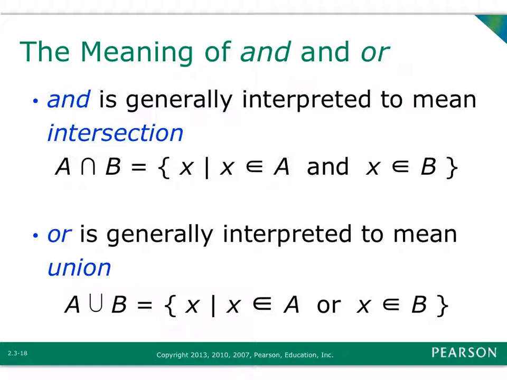So typically we have the words "and" and "or." "And" is generally interpreted to mean intersection.